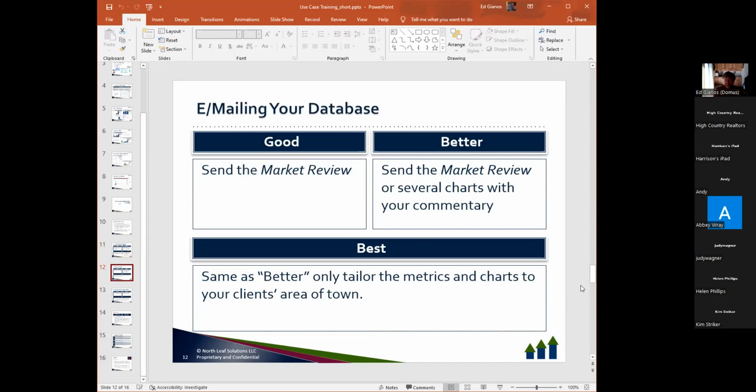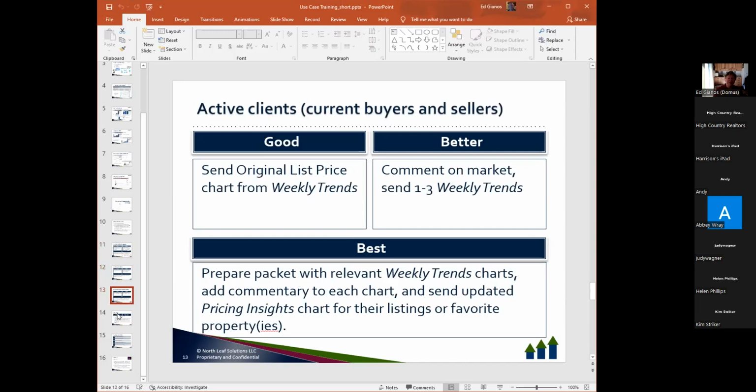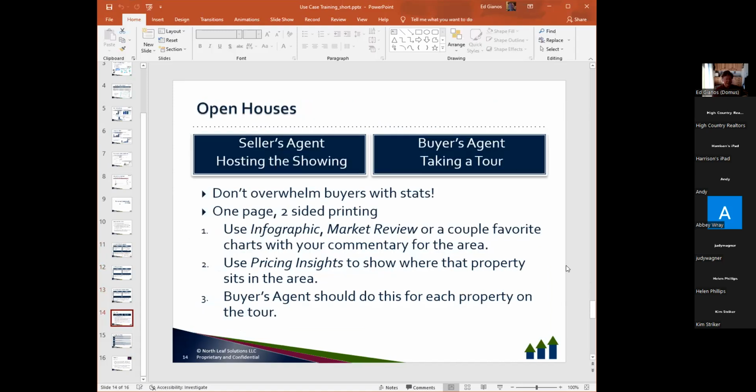We're continuing to watch that inventory for any crack in the market. And you can feel how just a couple sentences like that is demonstrating that expertise again. So our goal is to give you those tools to do it. This works with active clients on buyers and sellers. Take this information with you to open houses.